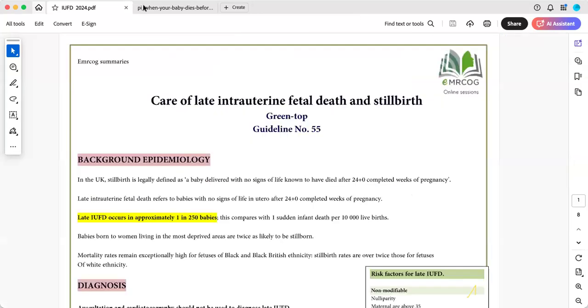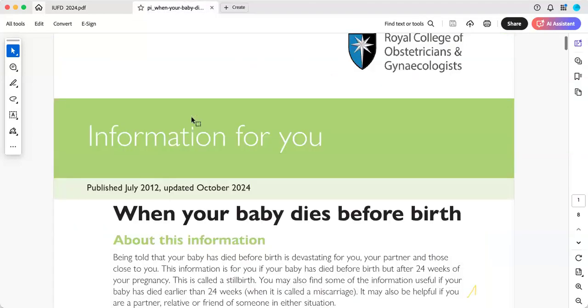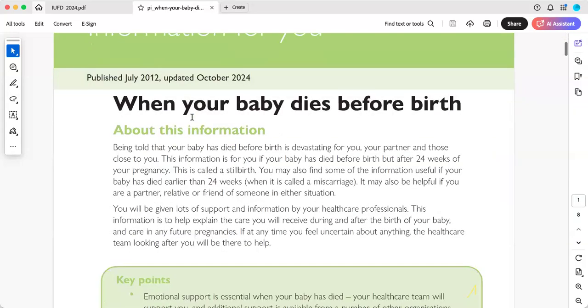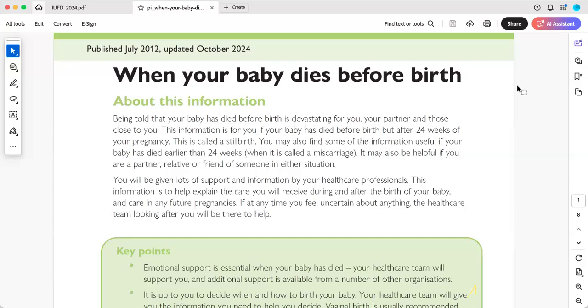And finally, I advise all of you to go through the patient information leaflet, especially if you are attending the OSCE exam, the Part 3 exam, or any other exams in obstetrics and gynecology. Why? Because it can give you good answers that you can give to a parent who is having this situation.